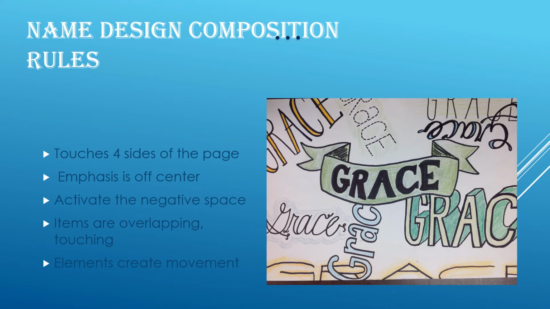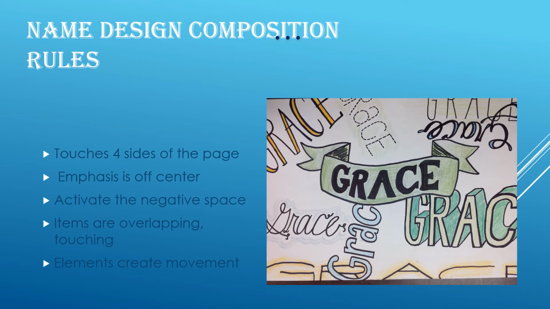We are moving toward creating our name design composition. For the name design, you must follow the rules of composition to create an interesting design using your name. In the name design, you will use your name as the subject matter and the three forms of typography.